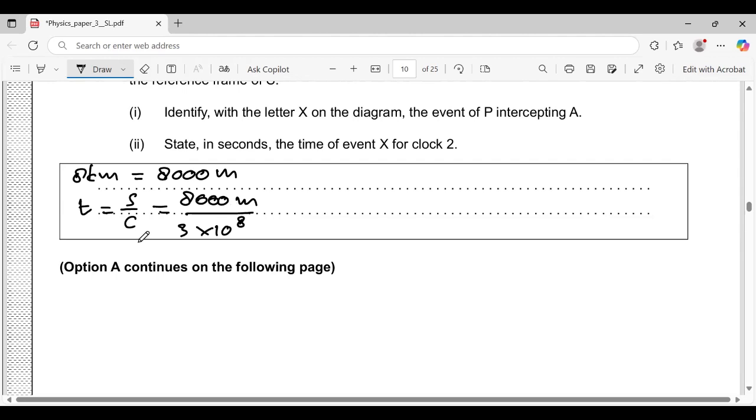C is the speed of light, 3 times 10 power 8 meters per second. If you calculate, the result is 2.7 times 10 power minus 5 seconds. Next question.